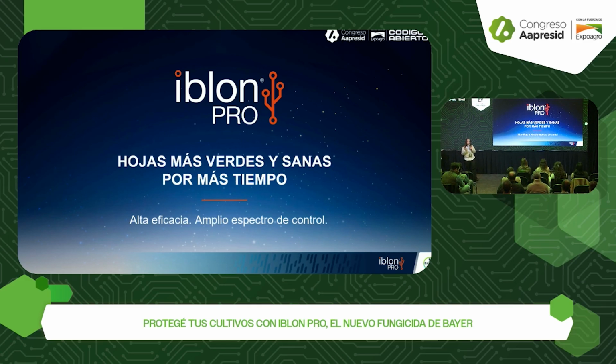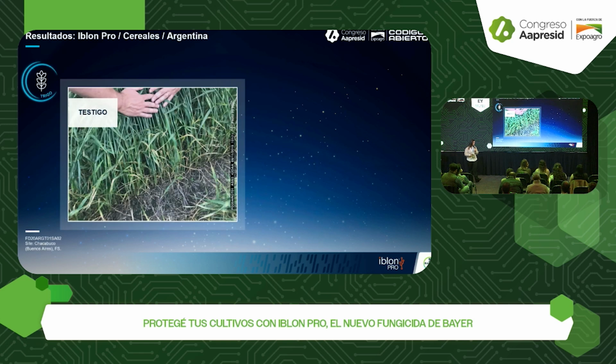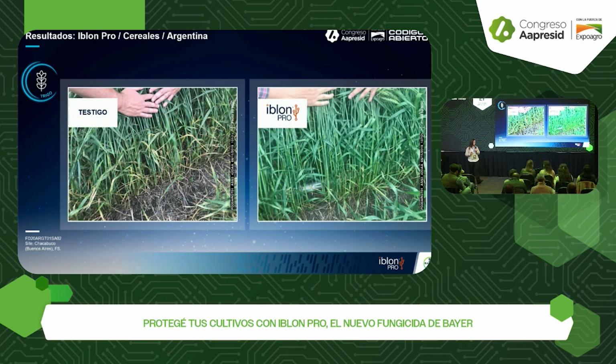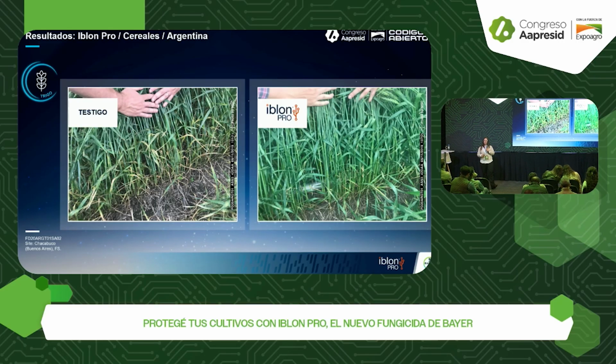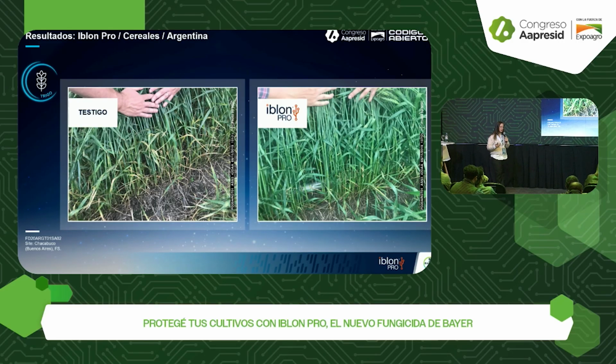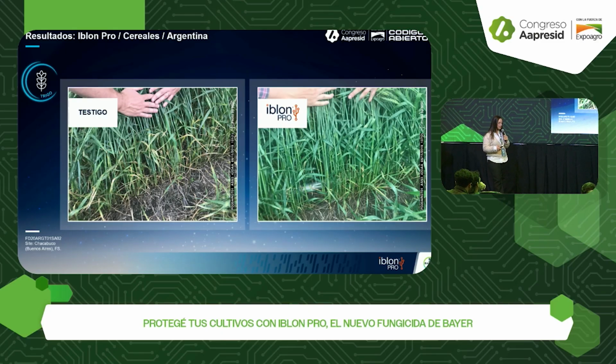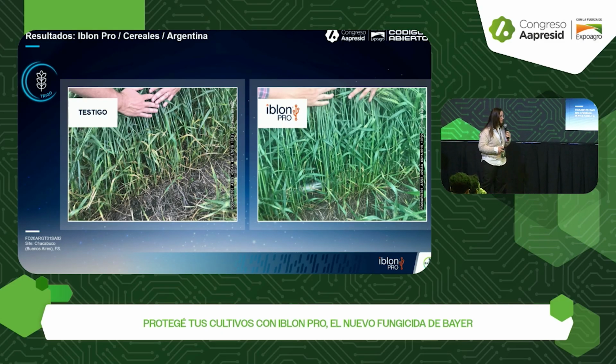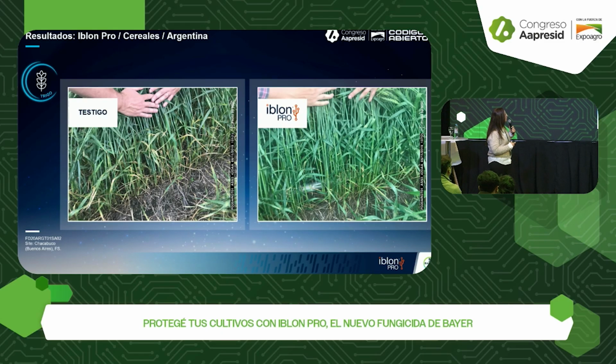In order to represent this pillar, there's data analysis information that underpins this statement, and which I'm going to speak about now. But I thought it was more valid and interesting to show you what we are seeing on the field today. Basically, we see greener, healthier leaves for a longer period. You see the comparison between the two pictures.